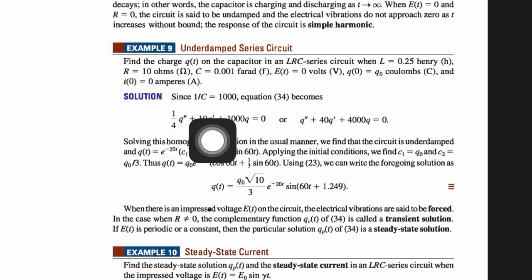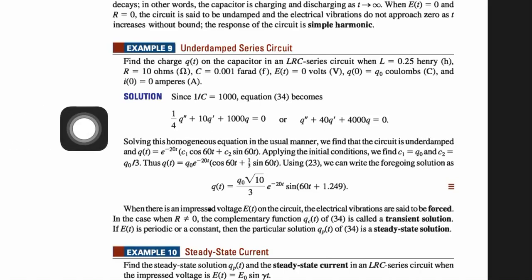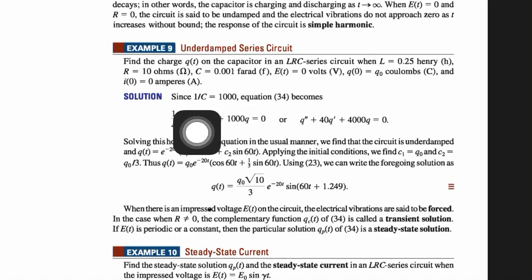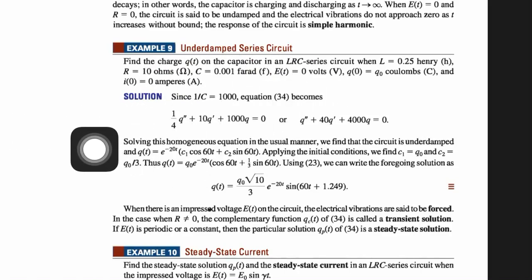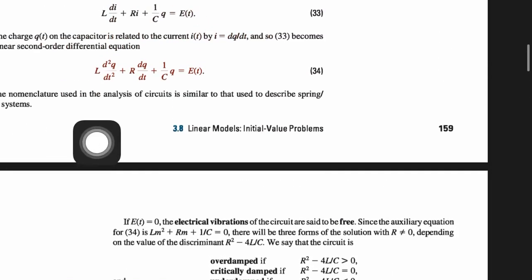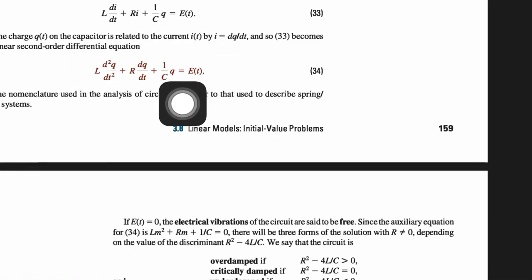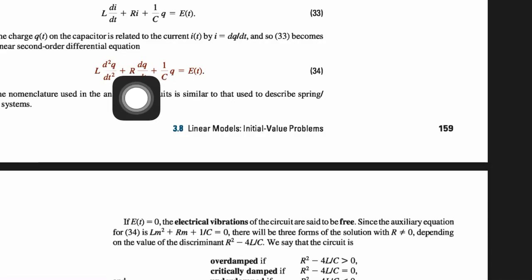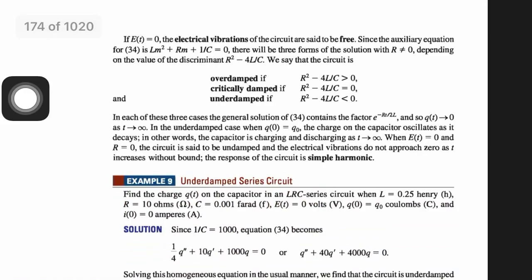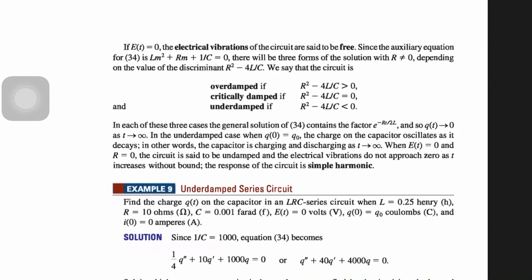First, 1 over C is equal to 1000. Now putting the values of L, C and R in this equation, with E of t equal to 0: 1 over C is 1000, R is 10, and L is 0.25 henry.